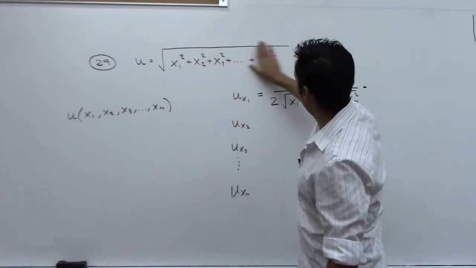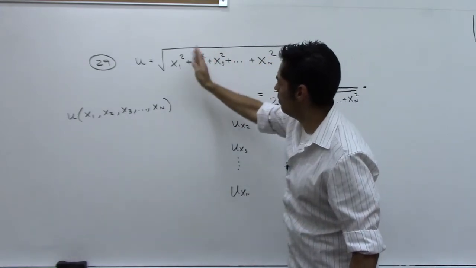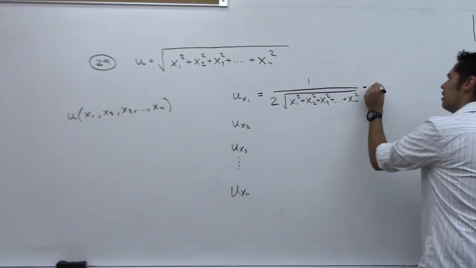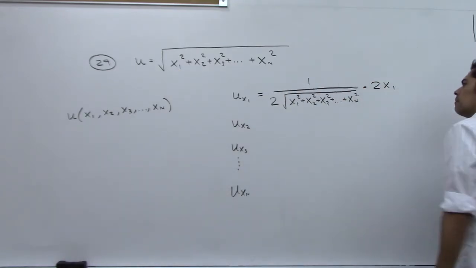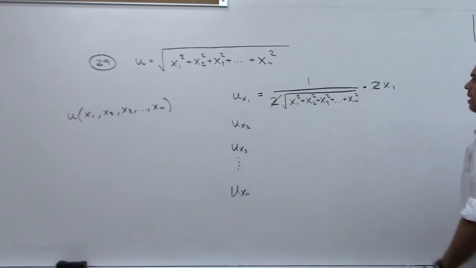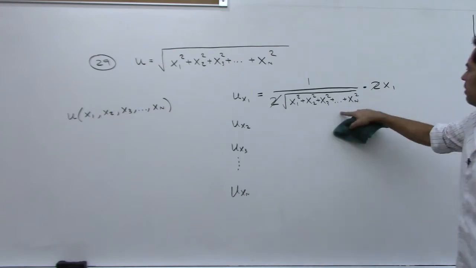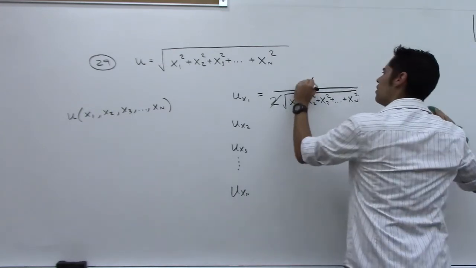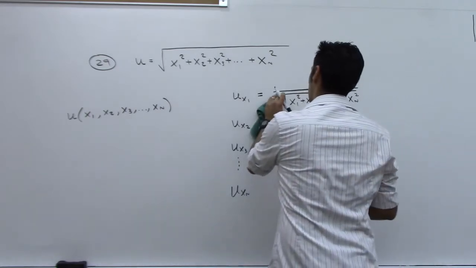Everything from here on is a constant, so the derivative of each one of those is 0. The derivative of this is just going to be 2x sub 1. These twos cancel. And so all you get is x sub 1 over this. You just get x sub 1, that 2 is gone, over that.